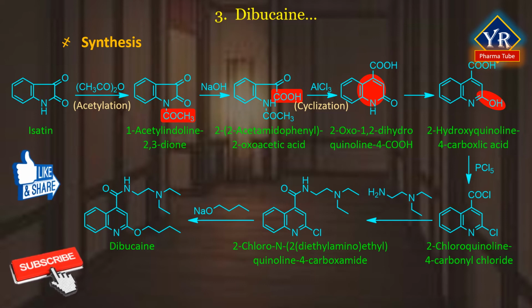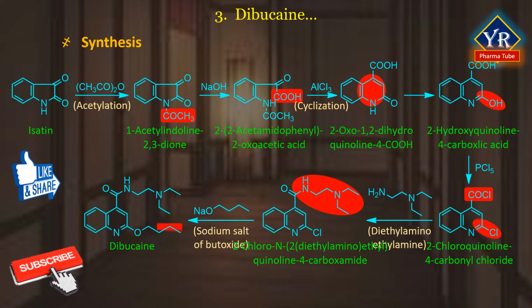Both the hydroxyl groups present at C4 of the carboxylic acid and at C2 are converted to chlorides by reaction with phosphorus pentachloride, forming 2-chloroquinoline-4-carbonyl chloride. This is then reacted with diethylaminoethylamine, and subsequent reaction with the sodium salt of butoxide yields dibucaine.